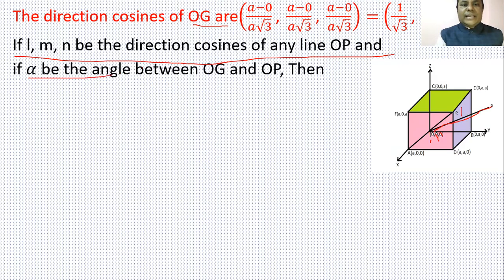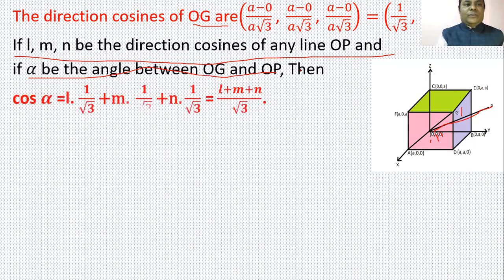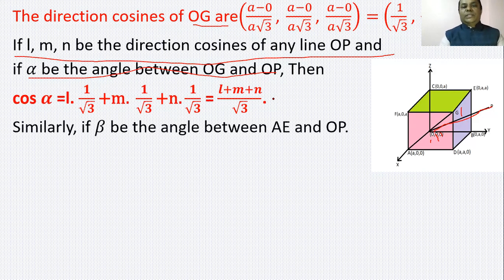And if alpha is the angle between OG and OP, then we can get the formula for cos alpha. Cos of the angle between two lines, if the directional cosines are given, is cos alpha equals L1 into L2 plus M1 into M2 plus N1 into N2. Because LMN is the directional cosine of line OP, and the directional cosine of line OG is 1 by root 3, 1 by root 3, 1 by root 3, the formula becomes L plus M plus N by root 3.